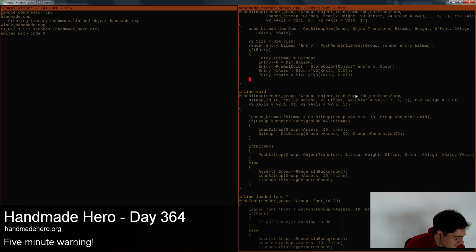So what is alpha to coverage? Any good references on that? So what alpha to coverage does is, and I'll probably have to go do some reading myself to see if there are better modern techniques, because it's possible that that's not even really what you would do these days. That's an old technique.